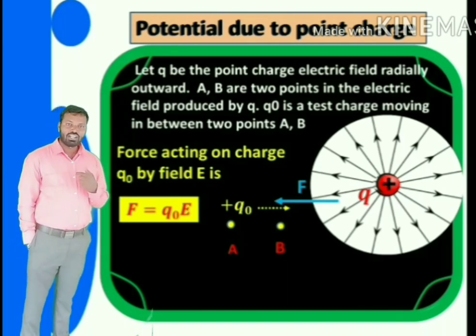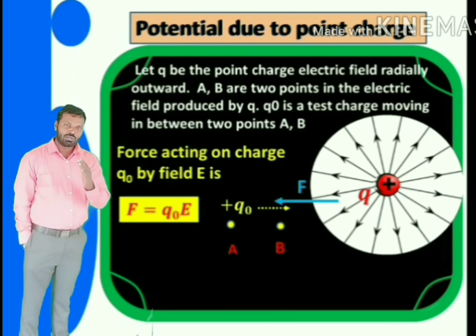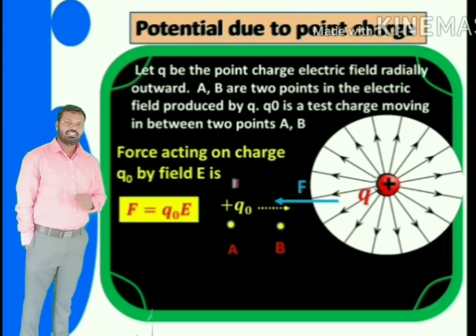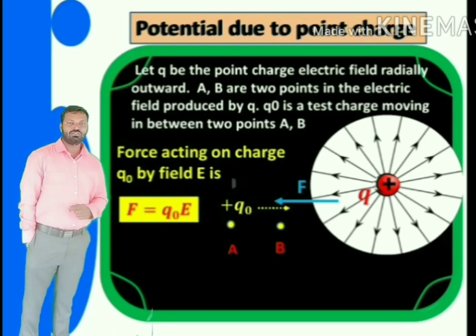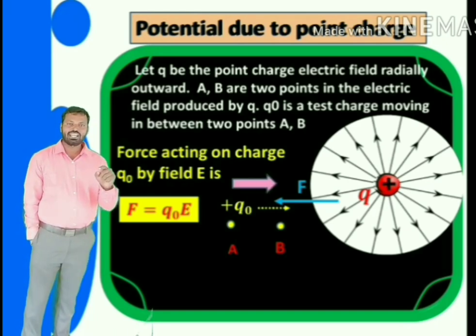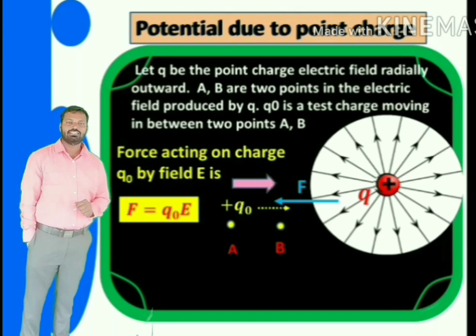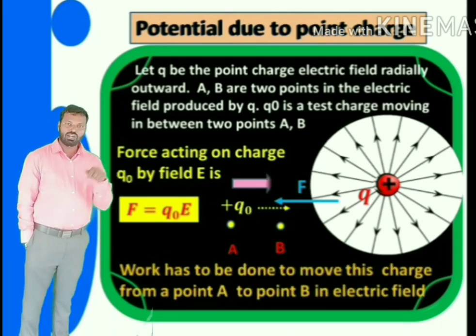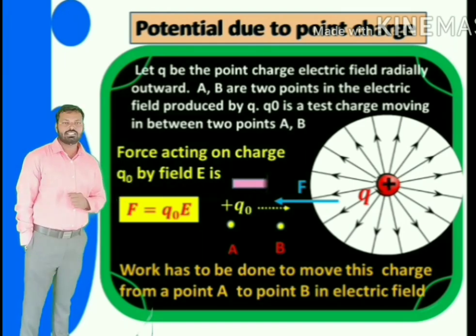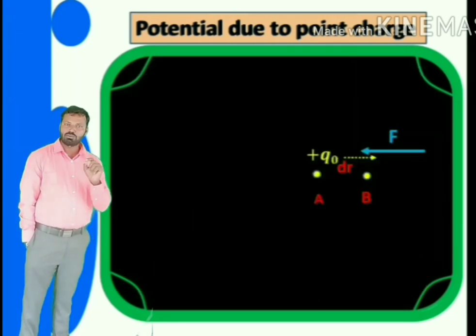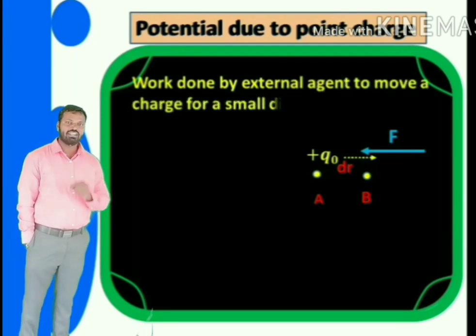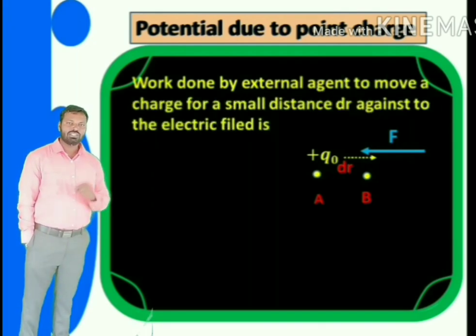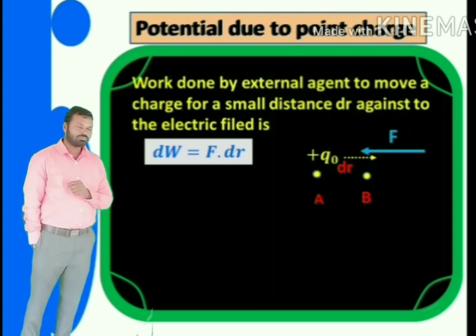Now if I want to move this test charge a small distance dr against this repulsive force, work has to be done by an external agent, because the electric field is repelling this test charge. But what I am doing is trying to move my test charge towards the charge. So the work done by the external agent to move a small distance dr is given by dw is equal to F into dr. Right?